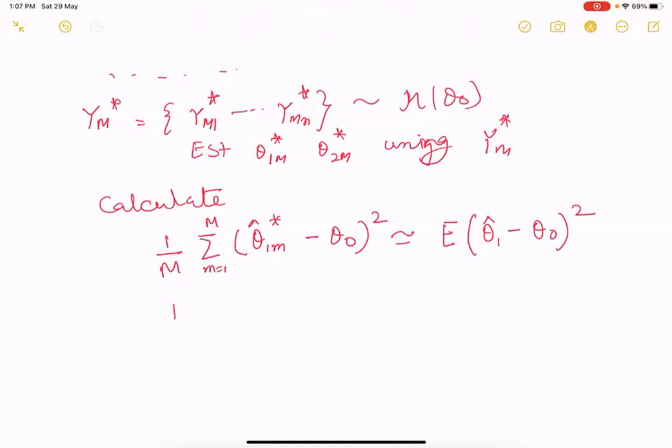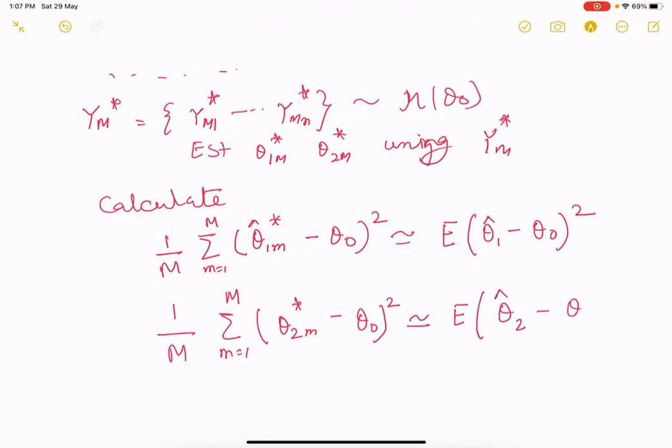Similarly, 1 by M summation m equal to 1 to capital M of theta 2 m star minus theta naught whole square is approximately equal to expected value of theta 2 hat minus theta naught whole square.